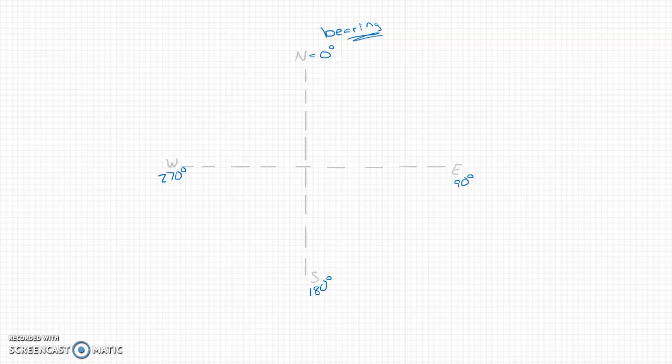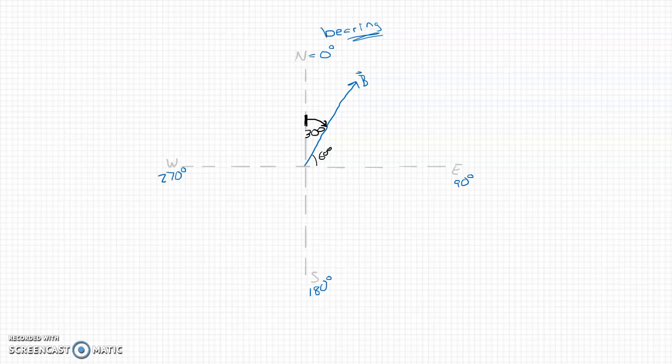If you talk about vector B here, its bearing is going to be in some direction relative to the north. In this case, if you were talking about bearing, you're going to start at the north and measure over in the clockwise direction. So again, if this was 60 degrees here, this is going to have to be the complement to that. In other words, 30 degrees.